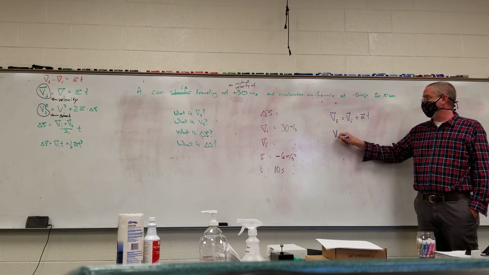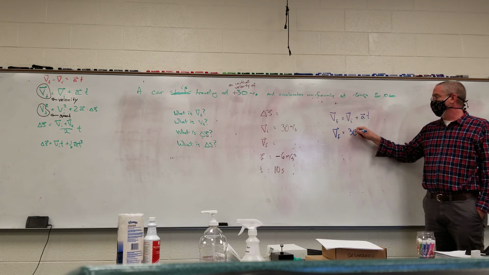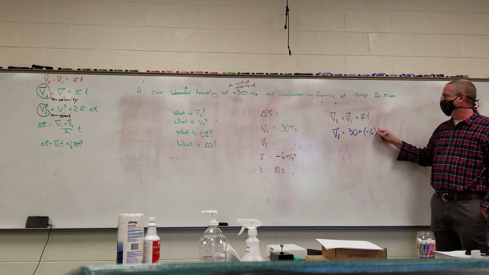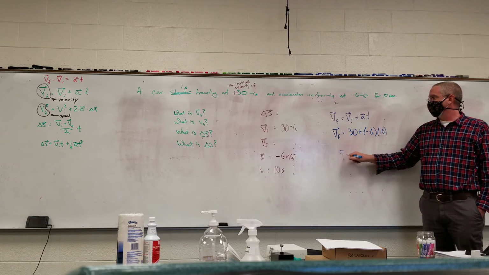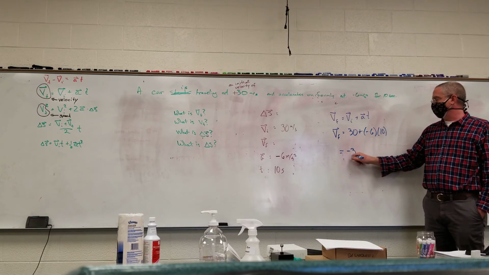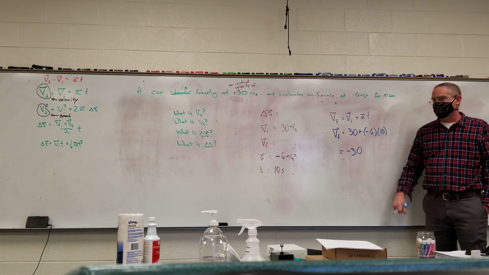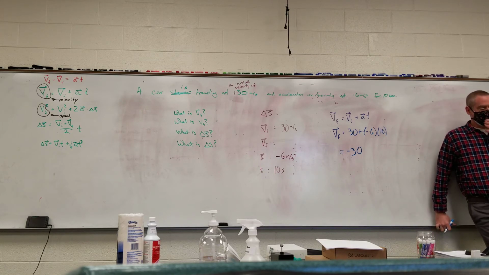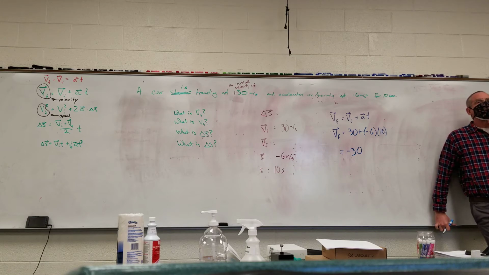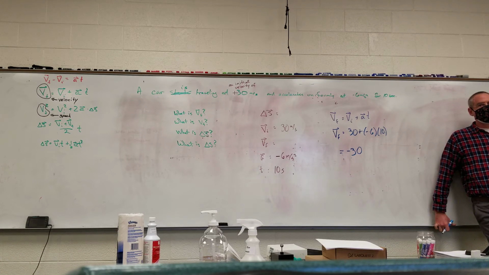So we have VF equals 30 plus negative 6 times 10, which is negative 30. Units: meters per second.